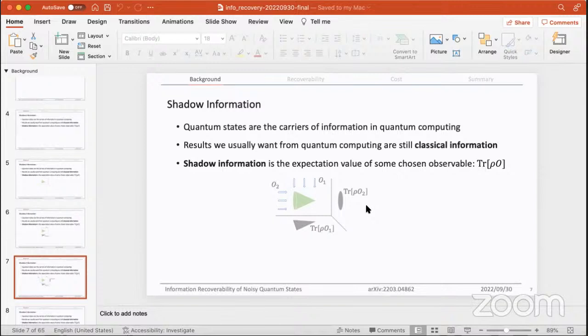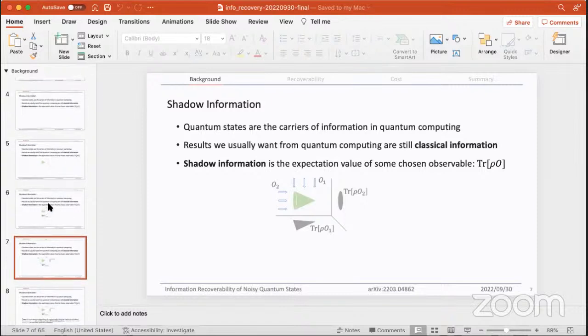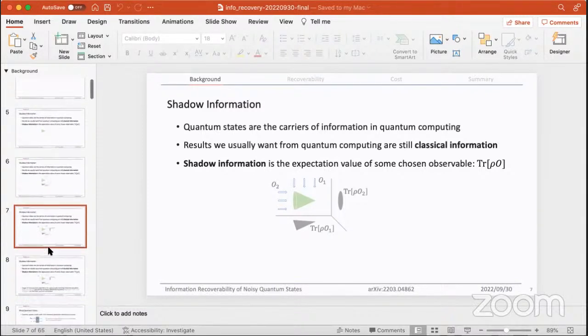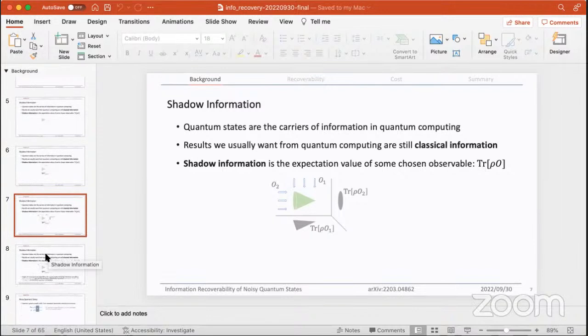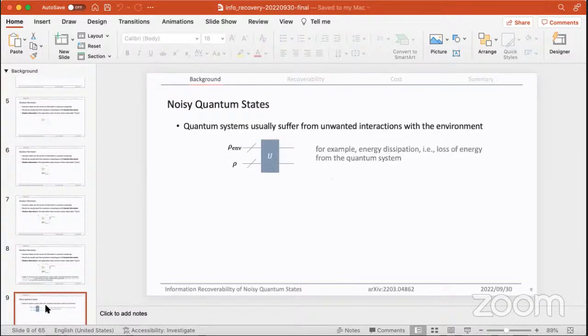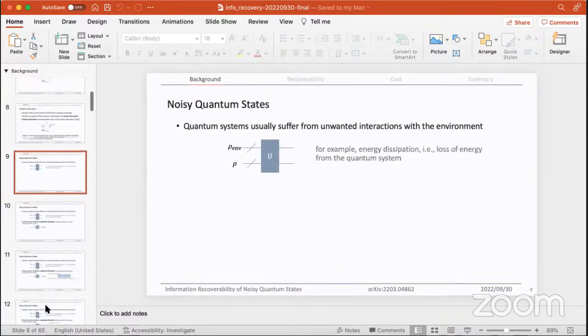So now the point of your talk, just so that I was clear on it, is that if you have multiple channel arrangements, multiple mappings through your quantum channels, then you're looking for channels that produce the same shadow information output, right? Because the shadow information output is classical, right?